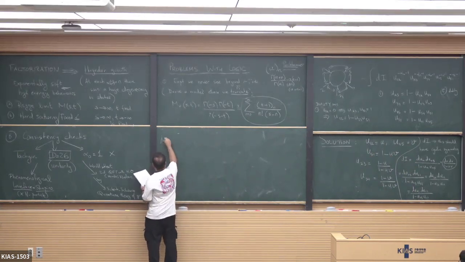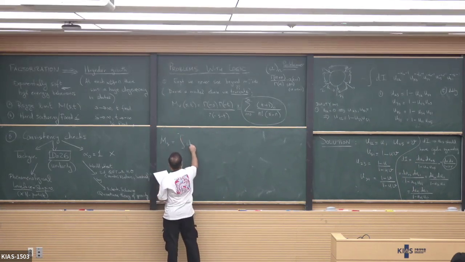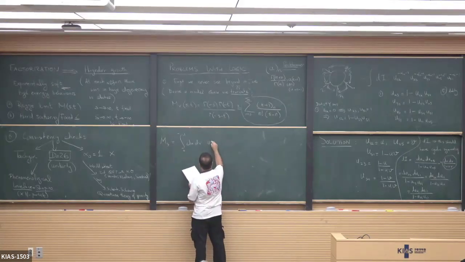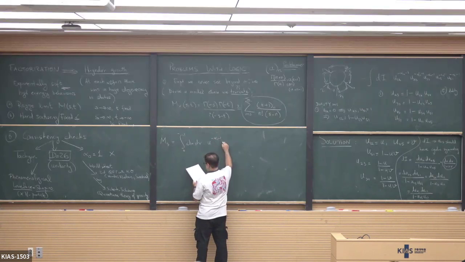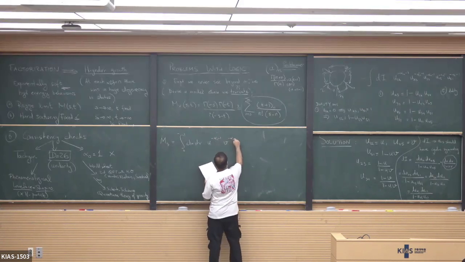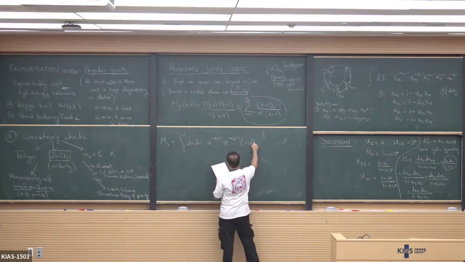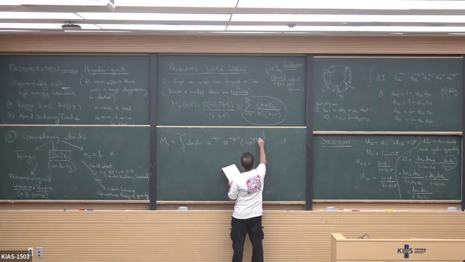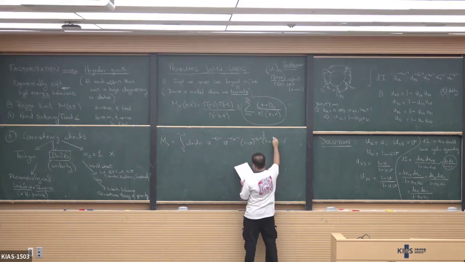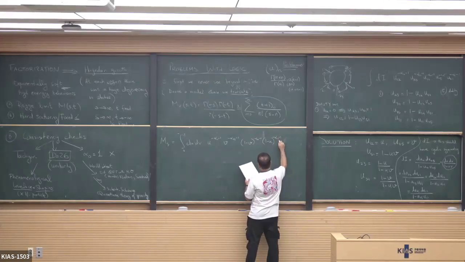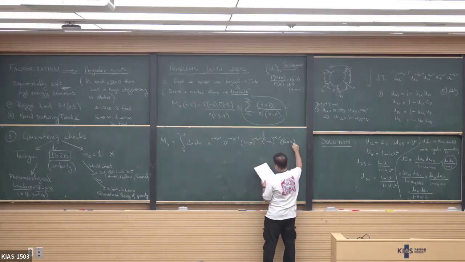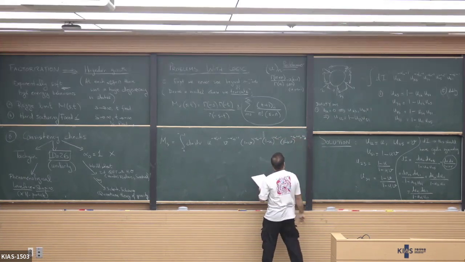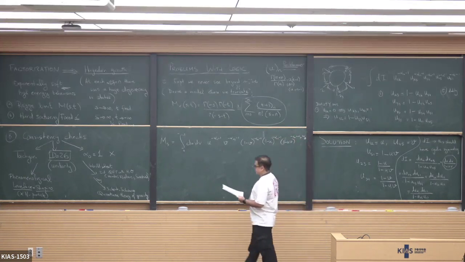So this actually looks like the following: du dv, both from 0 to 1, u to the power minus alpha 12 minus 1, v to the power minus alpha 45 minus 1, 1 minus v to the power minus alpha 34 minus 1. So that's the full 5-particle Veneziano amplitude.